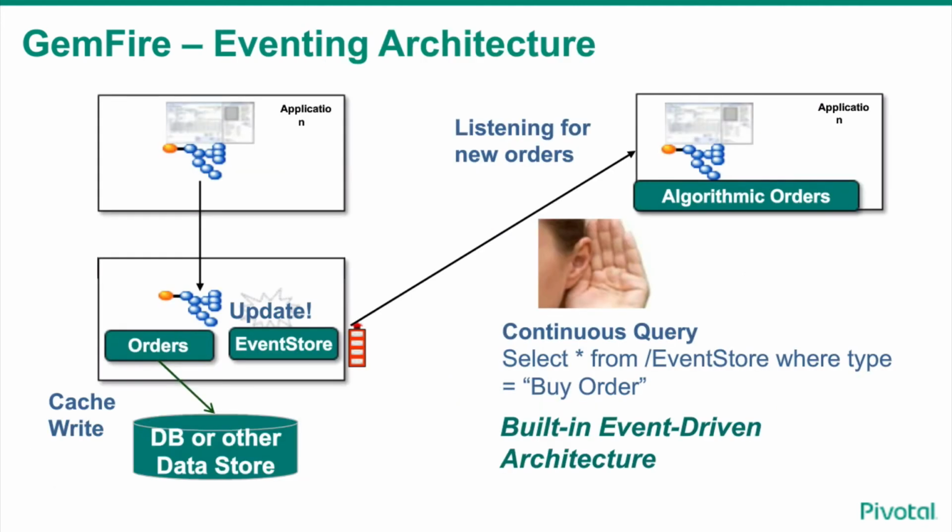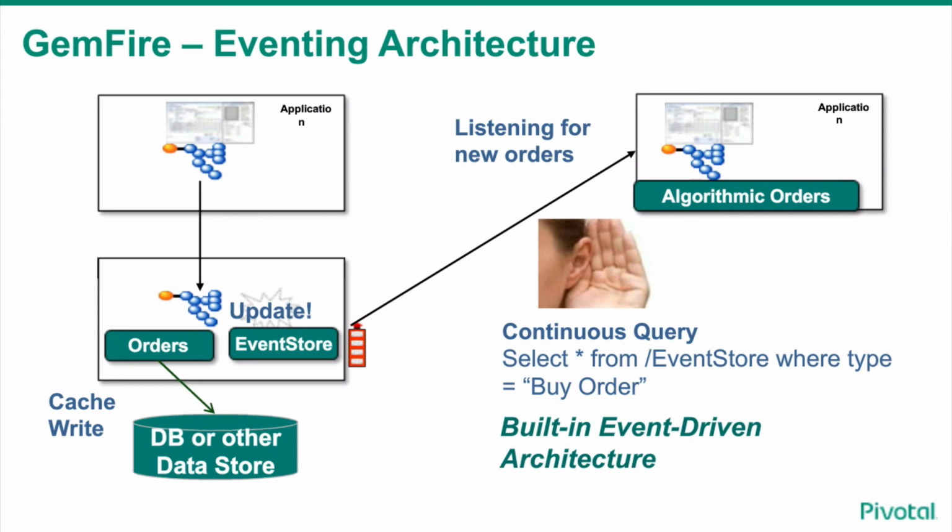Another reason I'm using GemFire is because it has a natural eventing architecture for reactive programming. Starting from the upper left, I have an application, and when I persist that aggregate to my GemFire data store, let's say I want to save an order, I can save that order and transactionally commit the event that a buy order was created into the event store, and then GemFire naturally produces an update event that we can capture for our purposes.